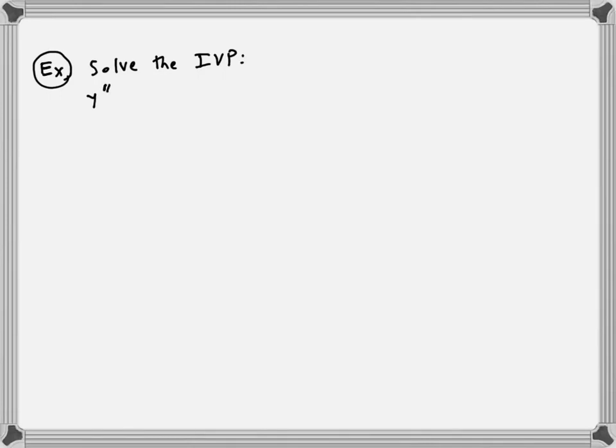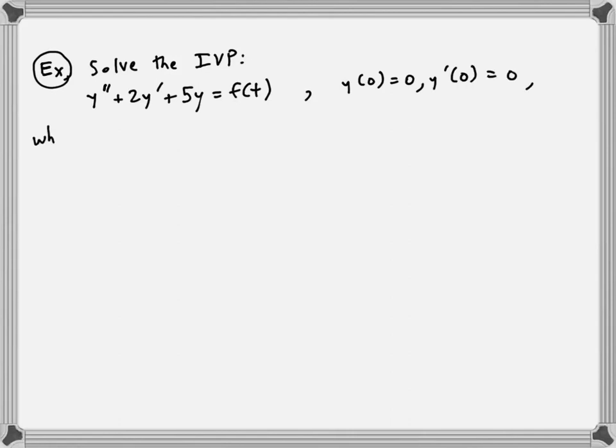So it's going to be y double prime plus 2y prime plus 5y is equal to f of t, and y of 0 is equal to 0, y prime of 0 is equal to 0, and I have to tell you what f of t is, okay? F of t is actually a piecewise function.